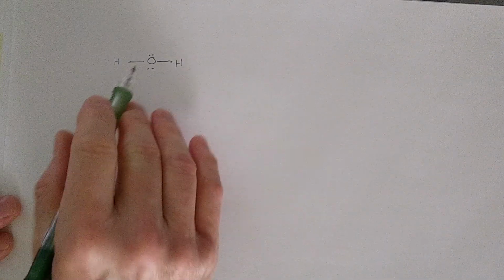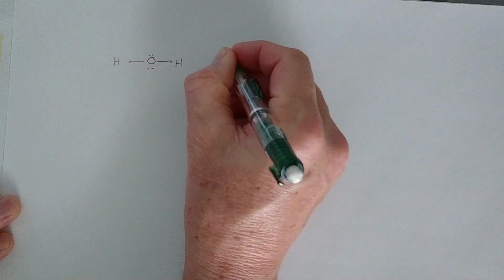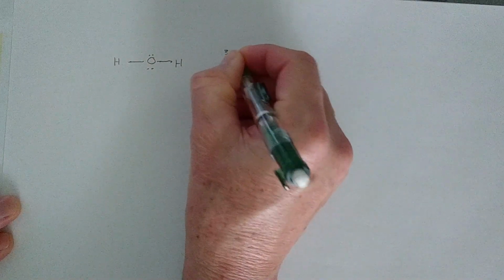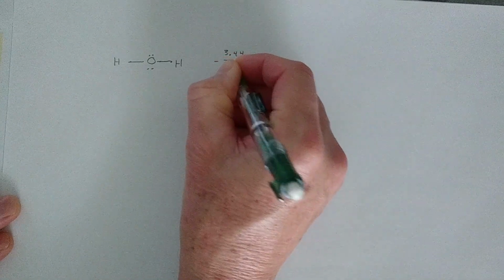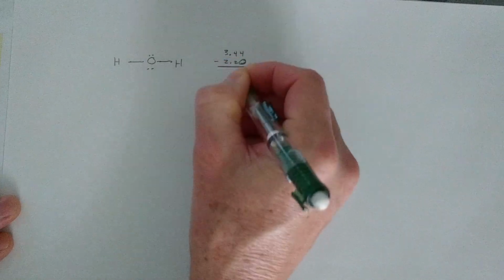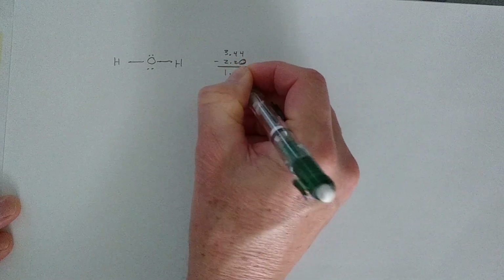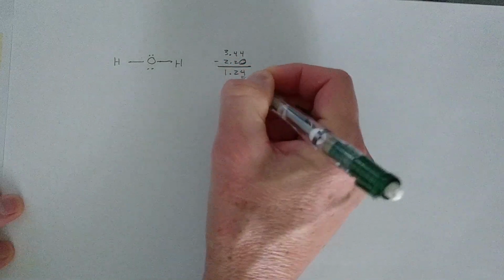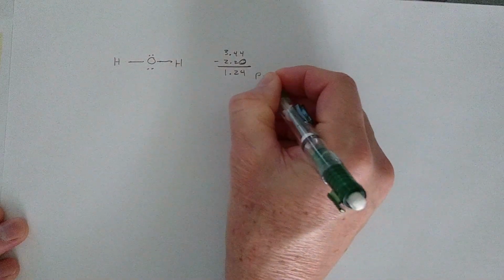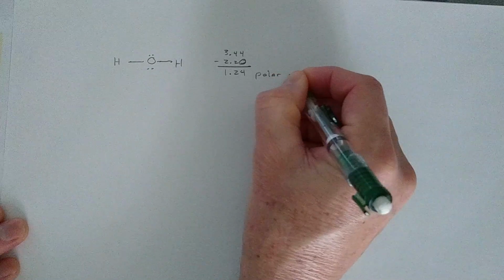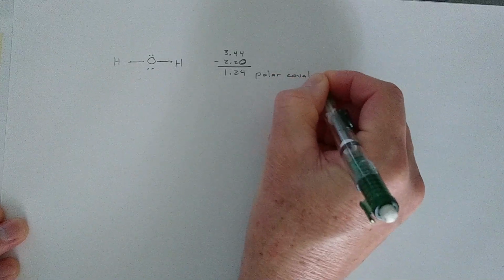Now, we know that oxygen has an electronegativity of 3.44, and hydrogen has an electronegativity of 2.20. So the difference in electronegativity is 1.24, meaning that this bond is polar covalent.